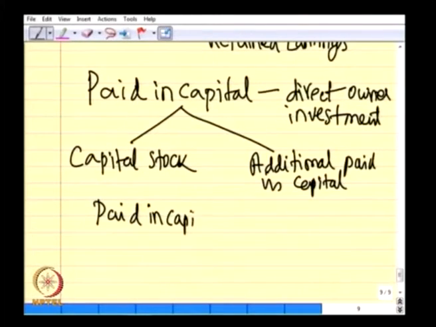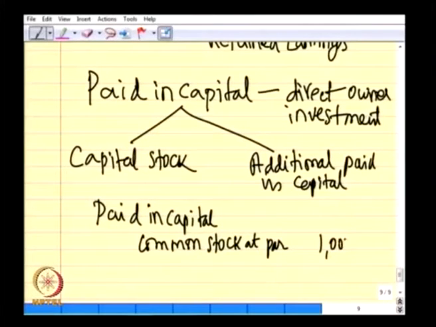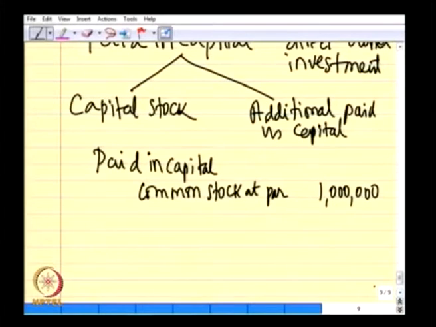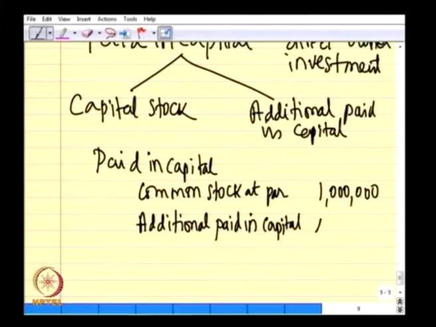Paid in capital is now represented, this is for the entire 1 million shares. So, it is usually represented in your balance sheet. If you look, it will say common stock at par, that is your 1 million, and additional paid in capital. Your additional paid in capital is your 4 million.